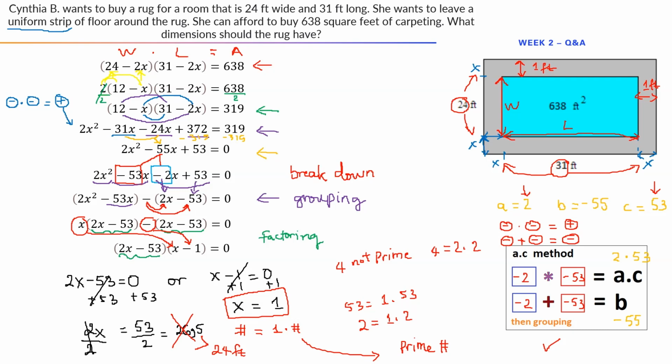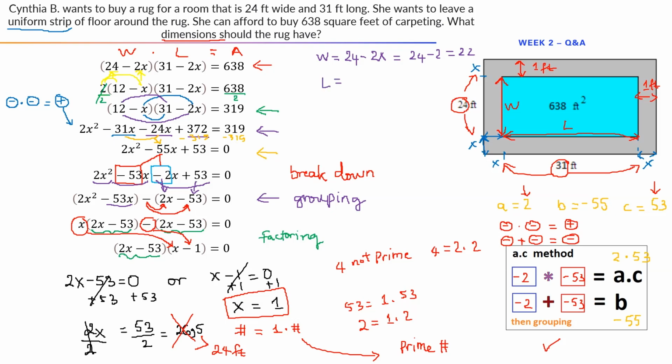Now they're not asking for x, right? They're asking for the dimensions of the room. So it will be the width. We said that the width is equal to 24 subtract 2x. And x equals 1, so 24 subtract 2 equals 22.